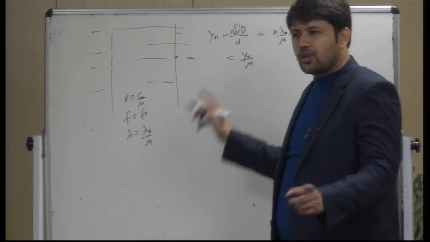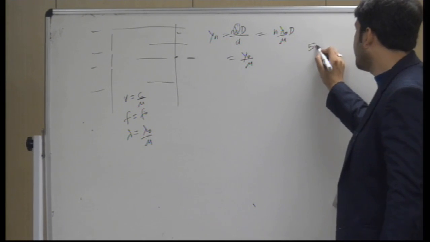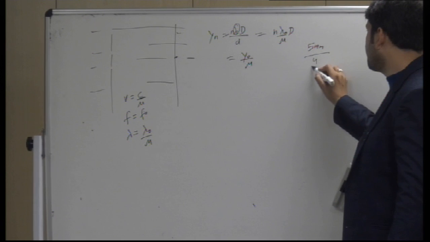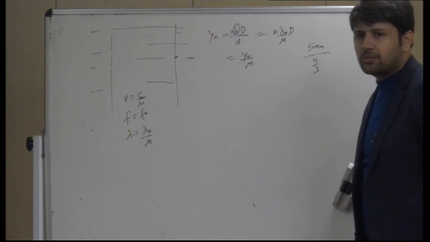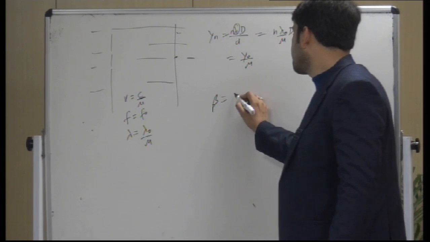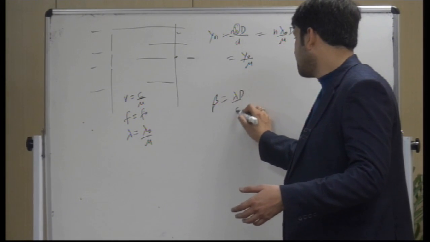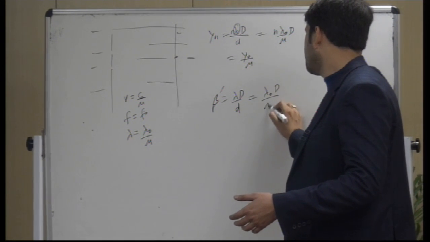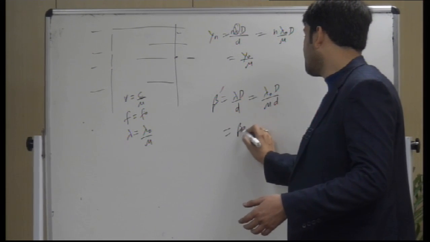If the original fringe was formed at 5 mm, after immersing in water, the new fringe would be formed at 5 mm by 4 by 3 position, right? If the original fringe width was lambda capital D by small d, now it would be lambda naught capital D by mu d, or beta naught by mu.